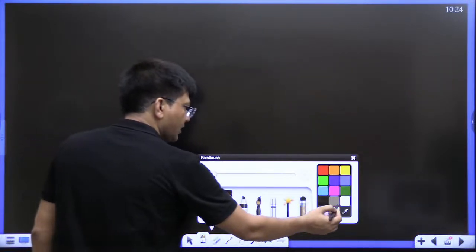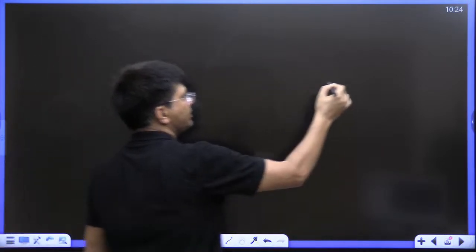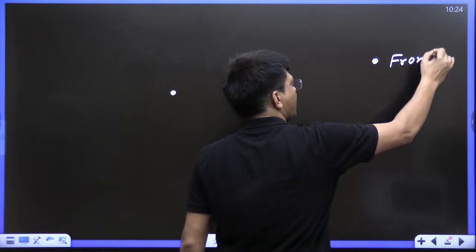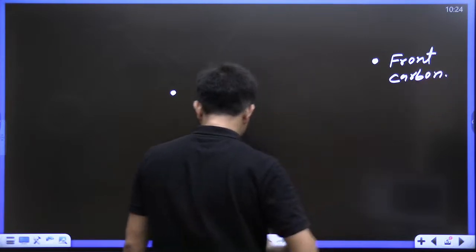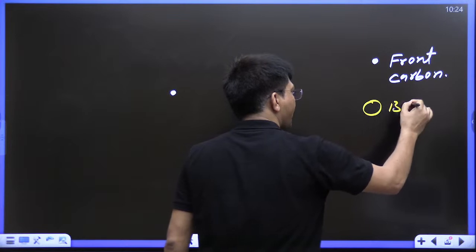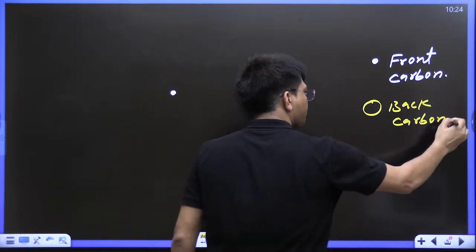See kids, this is your front carbon. And let me draw, this circle is the back carbon. Front carbon, back carbon.